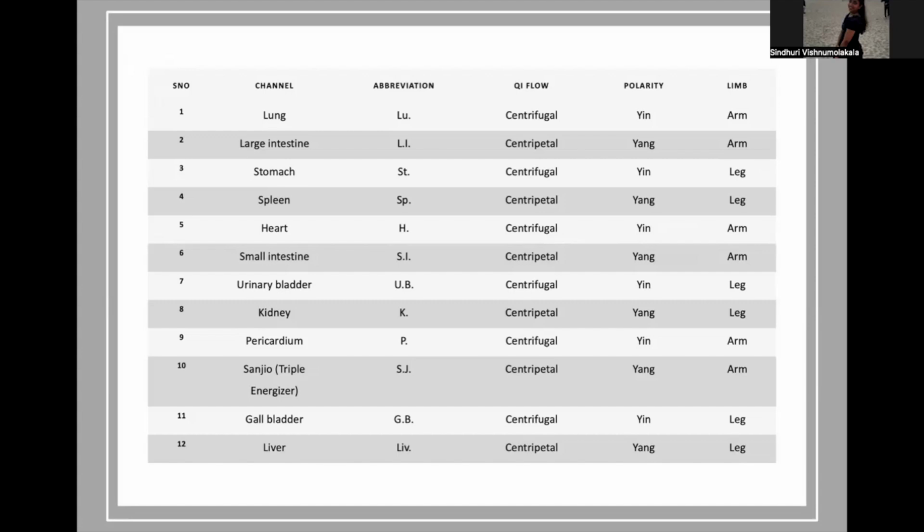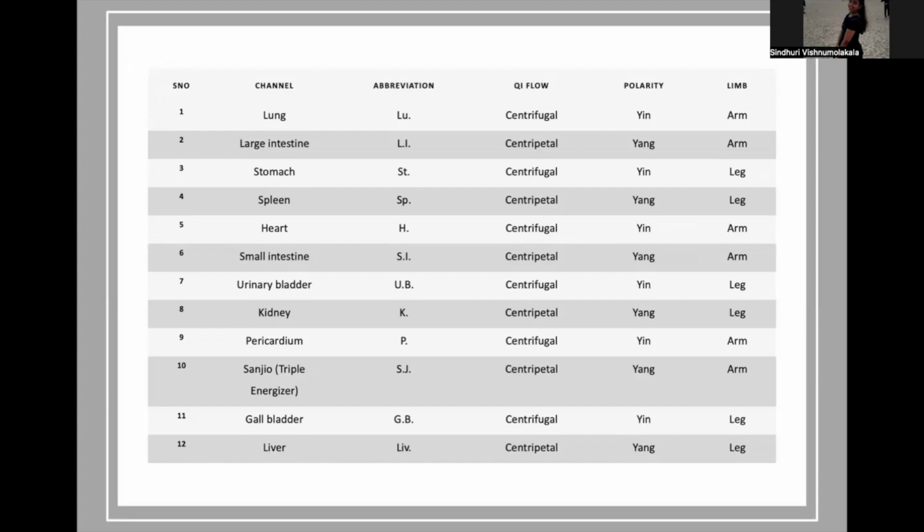So let's try to understand the flow of energy. As we can see, there are three yin channels in the arm and three yang channels in the arm. In the same way, in the leg, we have three yin and three yang channels. Now, how does the energy flow? The yin channels in the arm, as we know, are lung, pericardium, and heart.